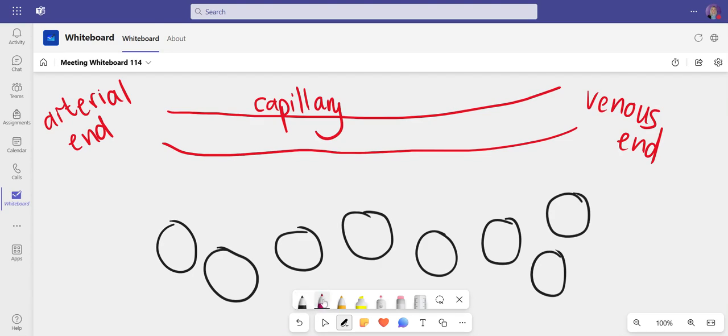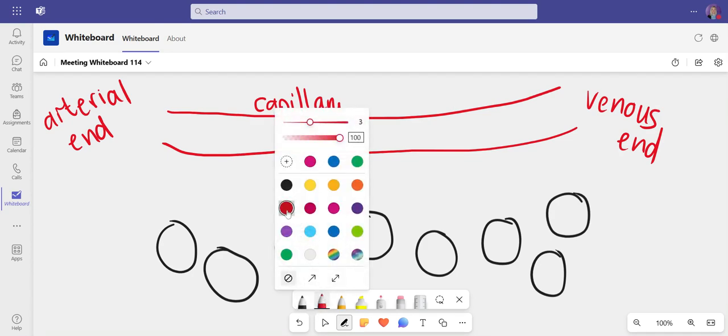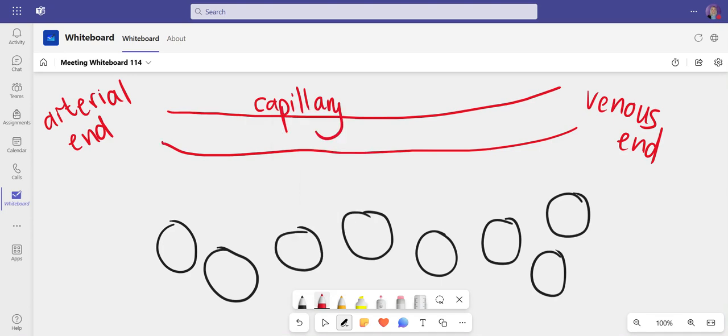Now, the capillaries, if you remember, are made of these squamous epithelial cells. So if we were to draw those squamous epithelial cells in the capillary wall, they would look something like this. Now, there are actually tiny little gaps. The oxygen and the carbon dioxide that diffuse through don't actually go through these cells.